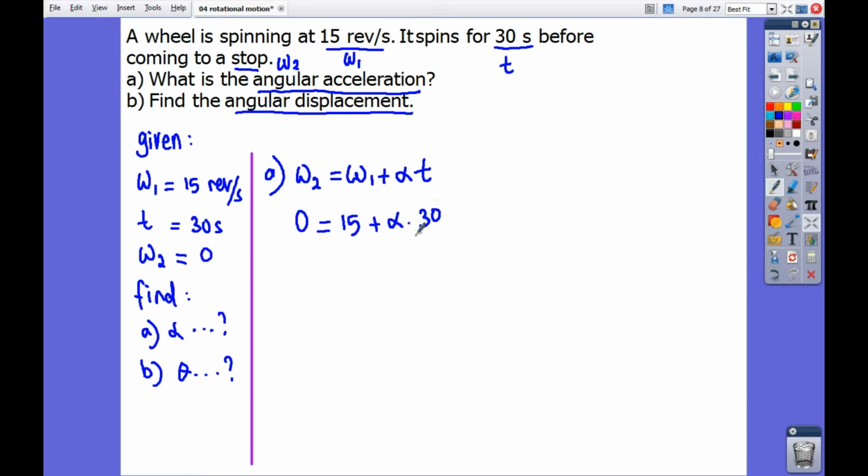So we can move this part to the left. Minus 30 alpha equal to 15. So alpha equal to 15 over minus 30. We got alpha, half of a radian per second squared.